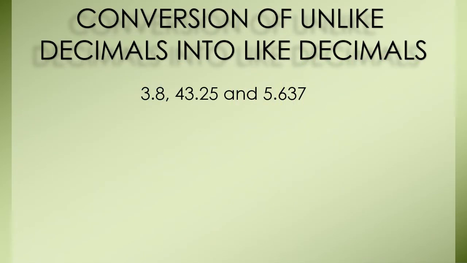To convert unlike decimals into like decimals, we have to form the equivalent decimals of the given unlike decimals. In this question, as you can see, three decimal numbers are given to us: 3.8, 43.25 and 5.637.